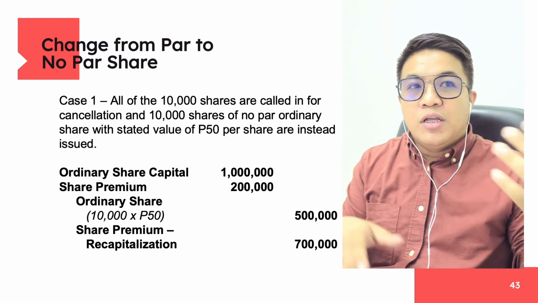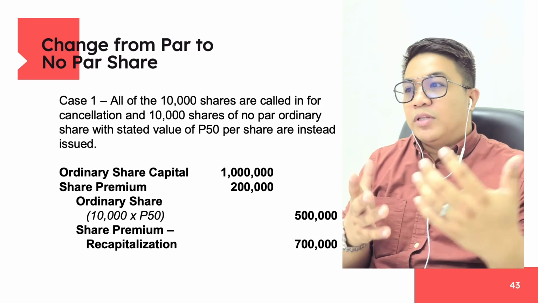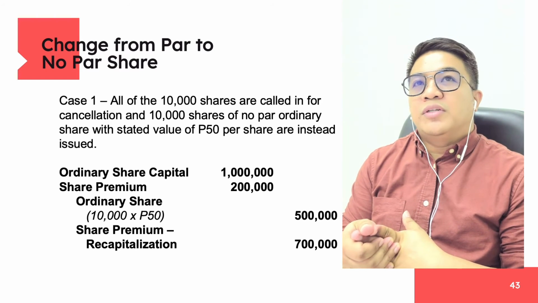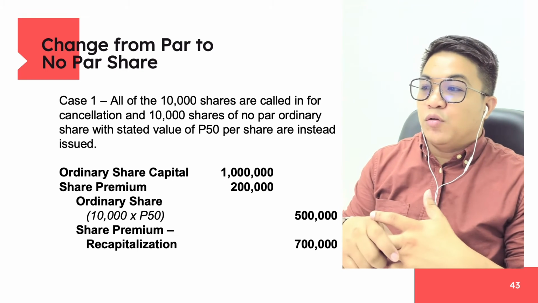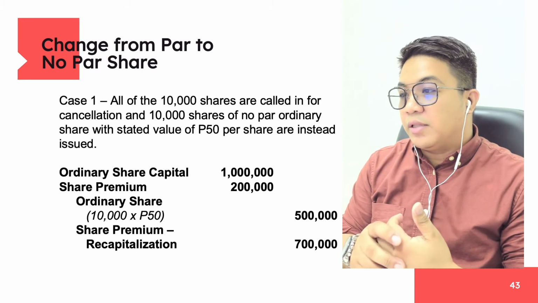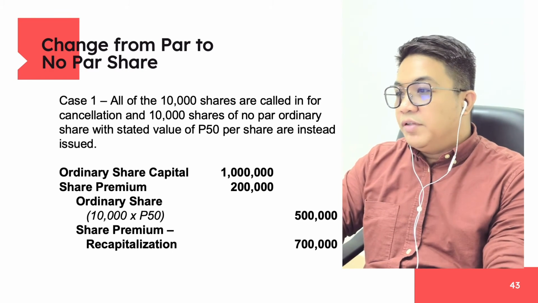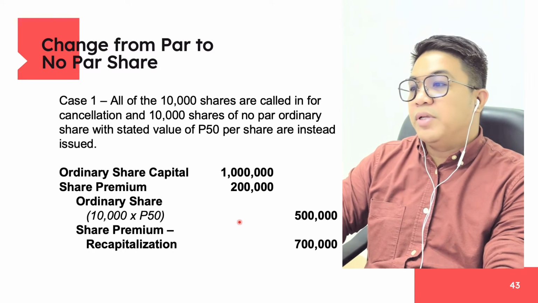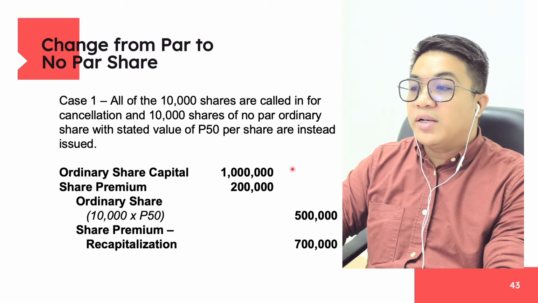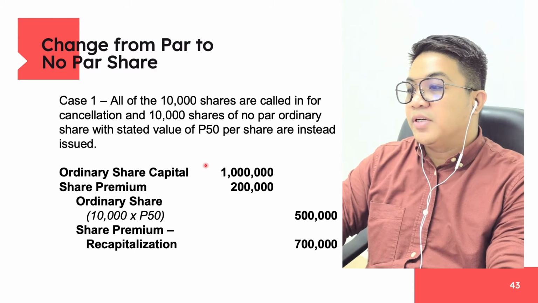Meaning cancel, you will come up immediately in your mind that we will cancel the shares, then we will debit the share capital accounts and the share premium related to that. So given the problem earlier, we have this ordinary share of 1 million and also 200,000 given in the problem as share premium.